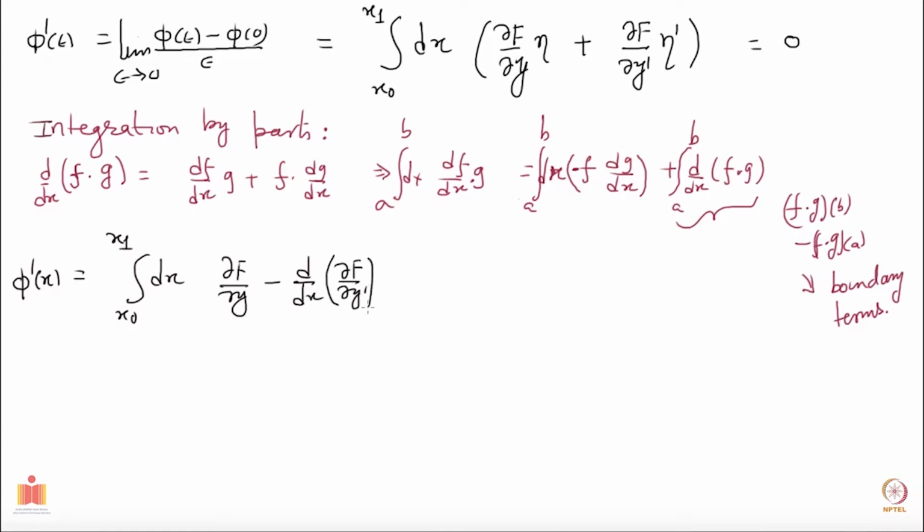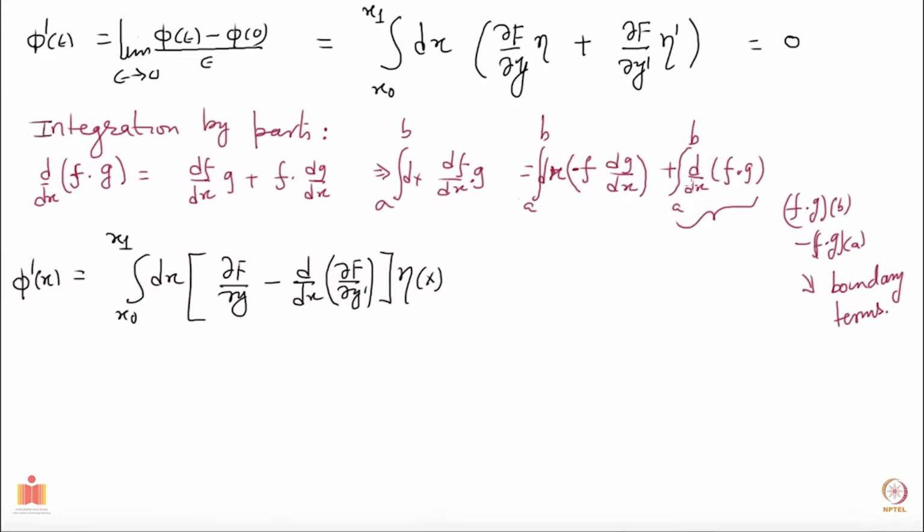Okay, and there is an eta again, which now I will take common and just make it eta of x to be more explicit.